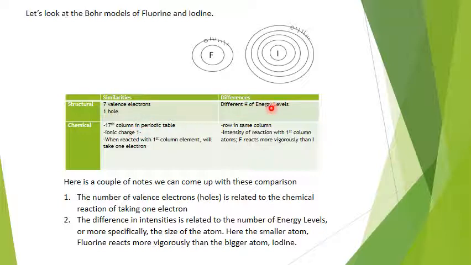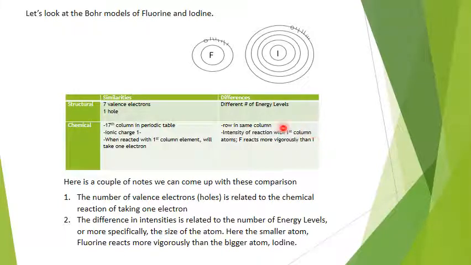The difference between the two is they have different energy levels. And what makes them different chemically is they're found in different rows. Fluorine is found in row 2, and iodine is found in row 5. Both of them interact with elements from the first column, but fluorine does it more vigorously than iodine.